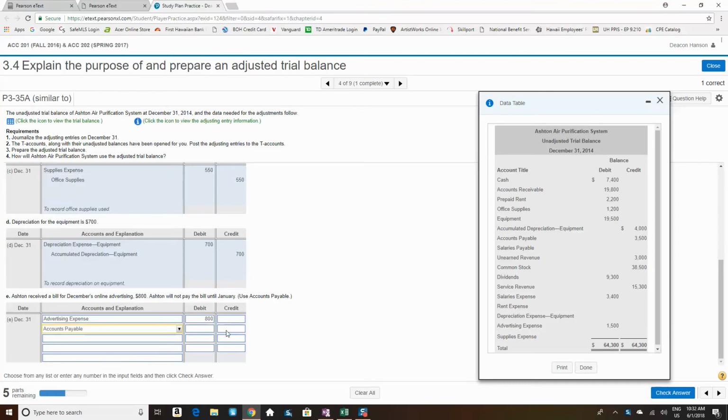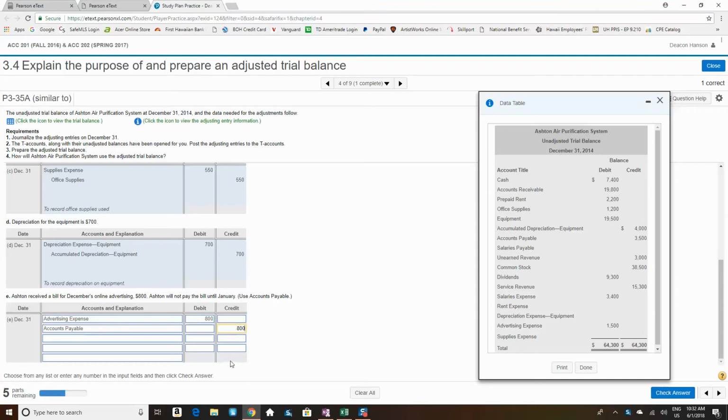So now we have a liability, right? This company owes $800 for its advertising expense. It's still expensed in this year, in 2014, but it won't be paid until 2015. So it's going to appear on the 2014 income statement as an expense, and on the balance sheet as a liability called accounts payable.